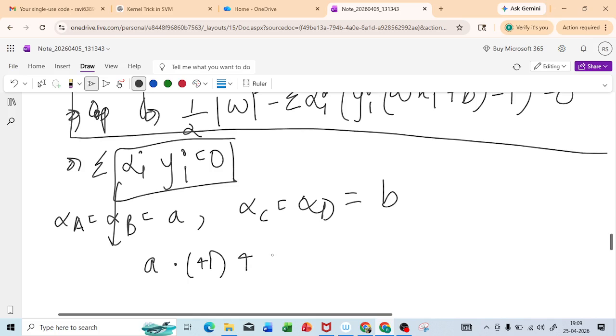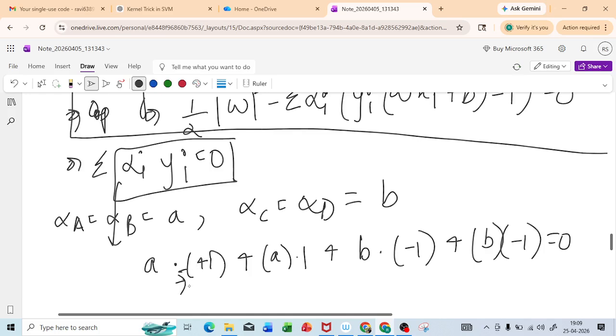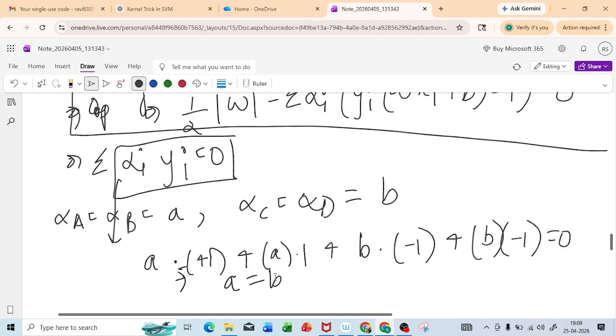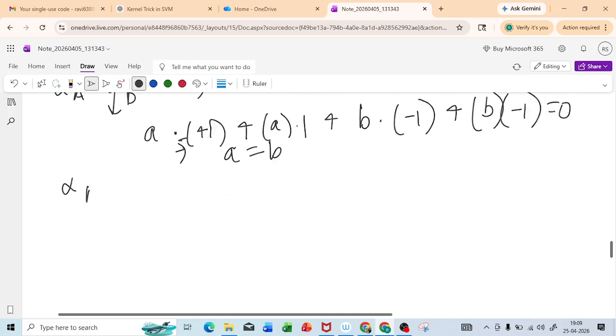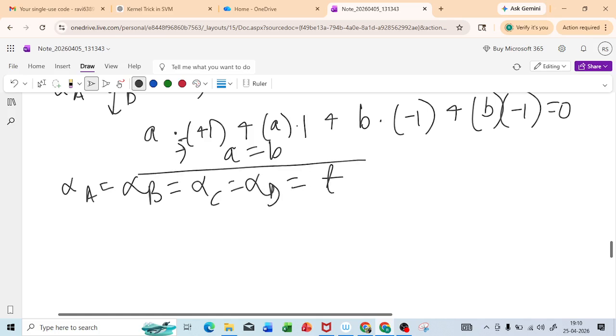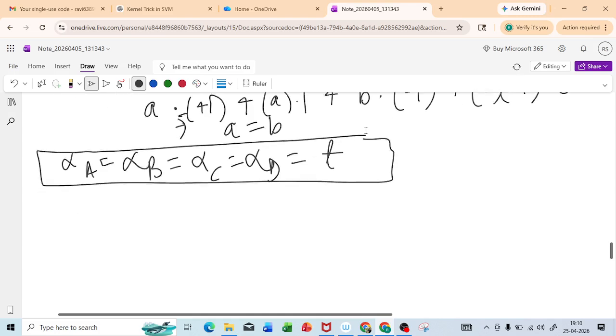So we write A into 1, and again A into 1 for the second point, which is B. For C it becomes B into minus 1, and for D also B into minus 1, because alpha C equals alpha D equals B, and the label of those points was minus 1. So we get 0, which is nothing but A equal to B. So alpha A equals alpha B, which we already knew, is equal to alpha C equals alpha D, and let's call it t. So we get this.